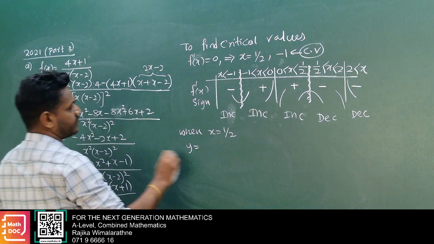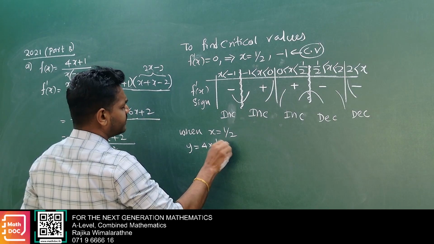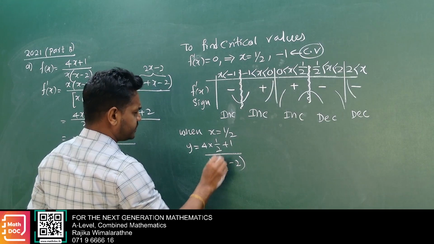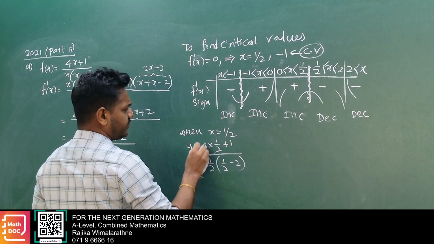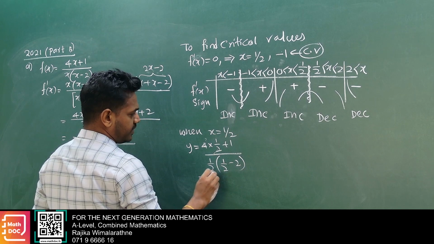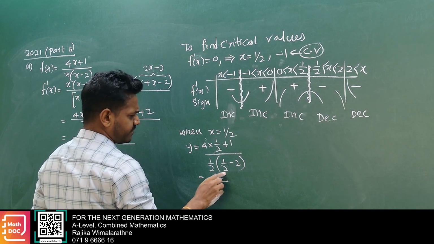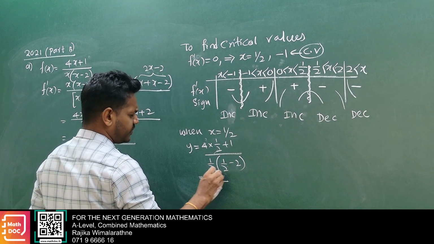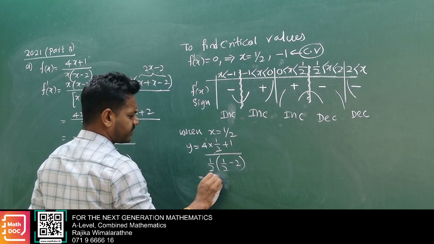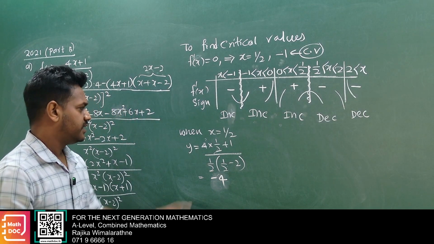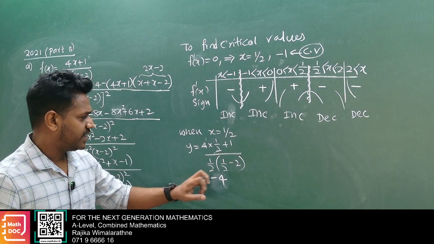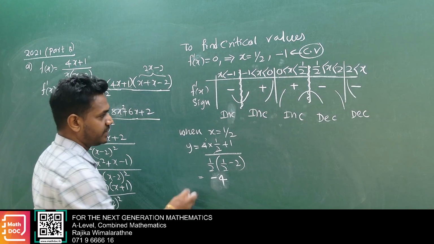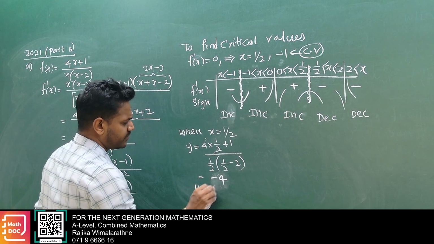Substitute half here: (4 times half plus 1) over half times (half minus 2). Simplify. Here the numerator is 3, and the denominator is half times minus 3 over 2, which is minus 3 over 4. So 3 divided by minus 3 over 4 gives minus 4. Therefore the critical point is (half, minus 4).